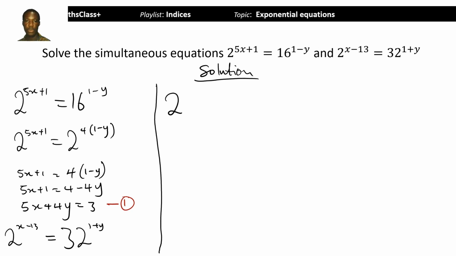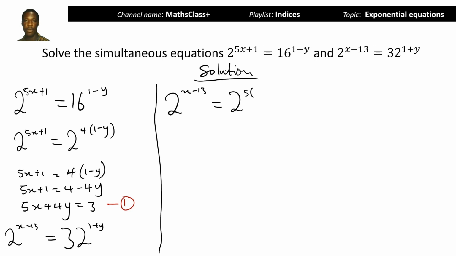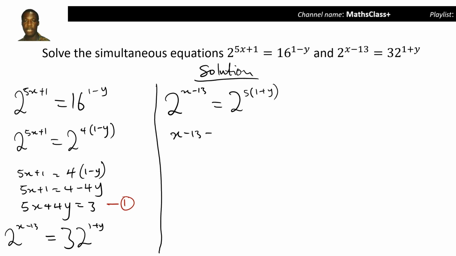So I'm writing 2 to the power x minus 13 is equal to 2 to the power 5, which has to multiply 1 plus y. So I will now equate the exponents to get x minus 13 is equal to 5 multiplying 1 plus y.